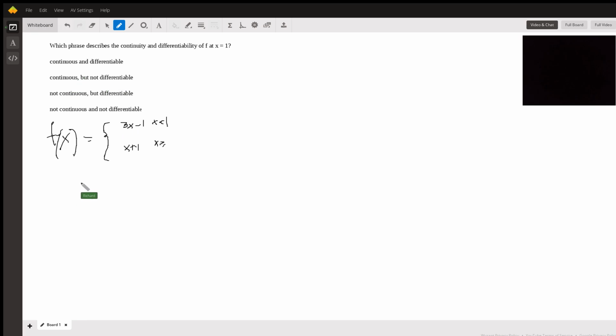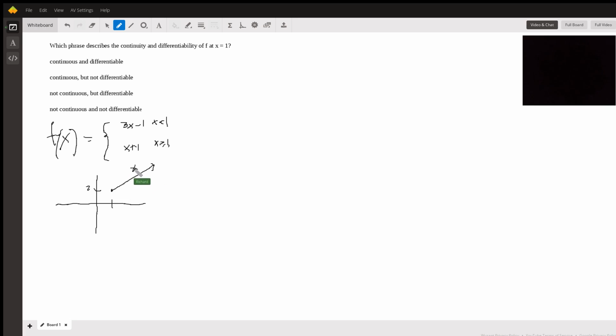So what I like to do on a problem like this is always start with the graph. So when x is 1, we have the line x plus 1, and the y value would be 2 here. And when x is bigger than 1, we're going to have a graph of a line that goes like that.